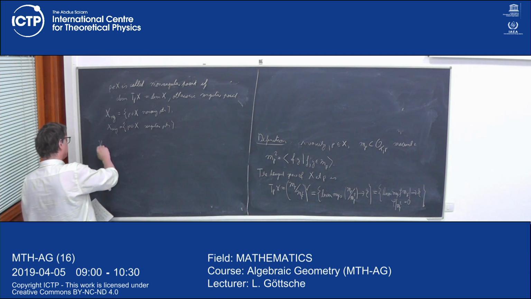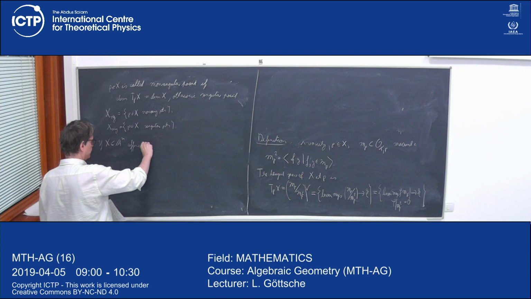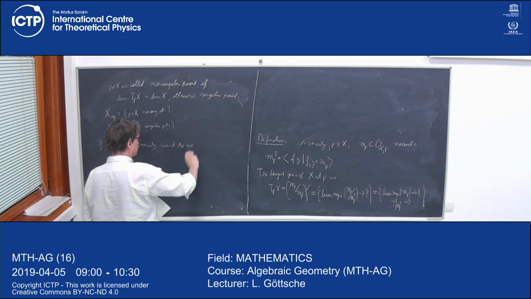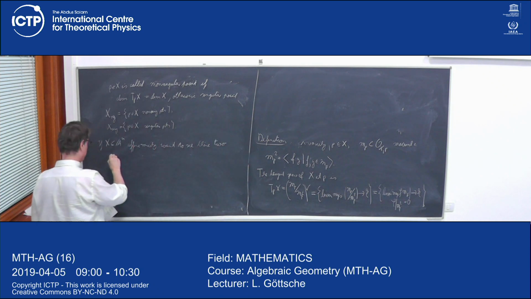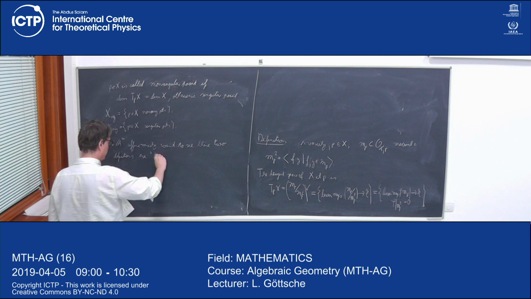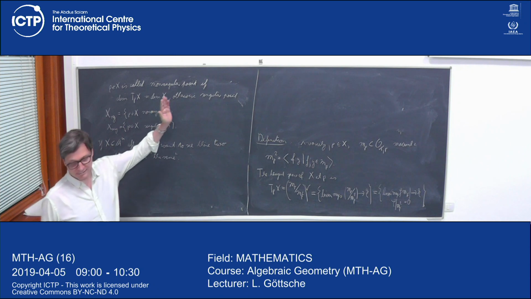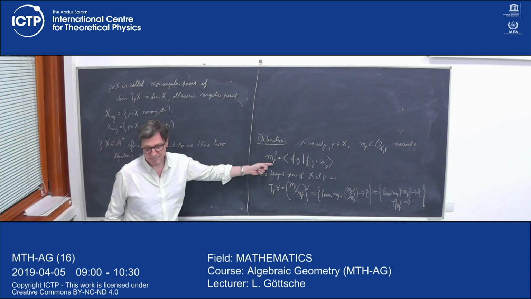If X in A^n is an affine variety, we want to see that these two definitions are the same. Obviously, that doesn't make complete sense because one is a subvector space of A^n, and here we have M_P modulo M_P squared. They are not the same as sets, but we want to say that they are isomorphic vector spaces.